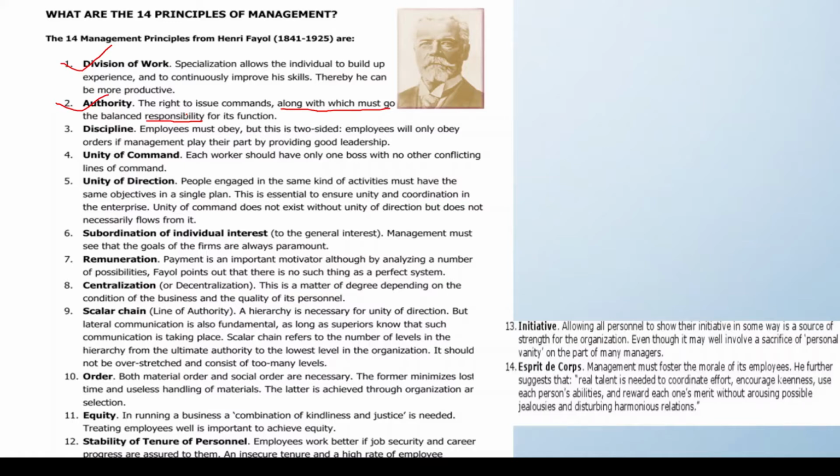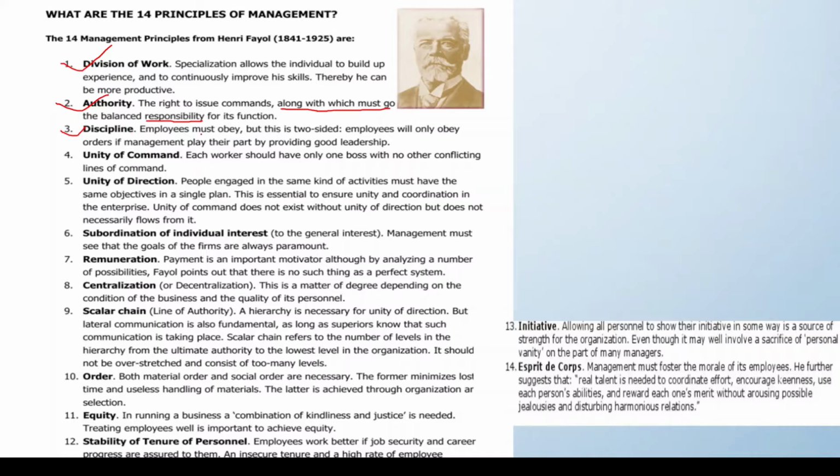The third point is also related to that, discipline. Employees must obey, but this is two-sided. Employees will only obey orders if management plays their part by providing good leadership, right? So authority is with the management, and here is the discipline.